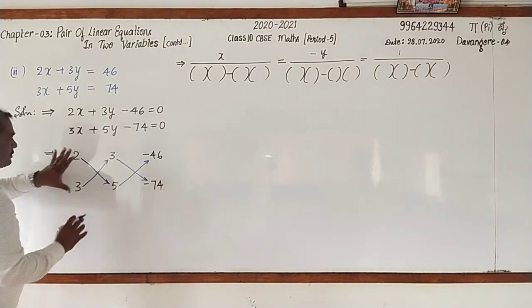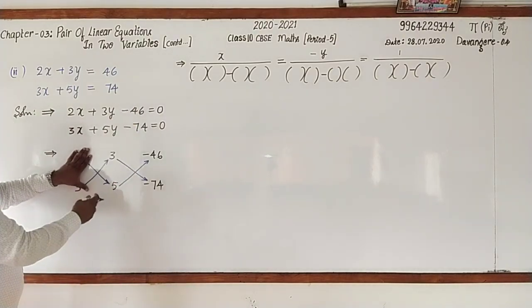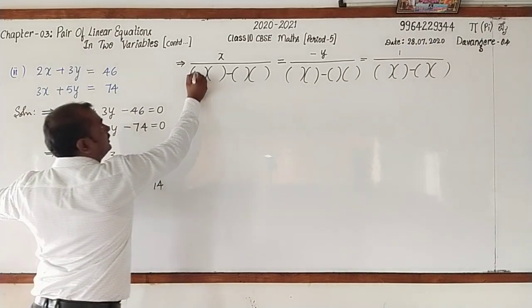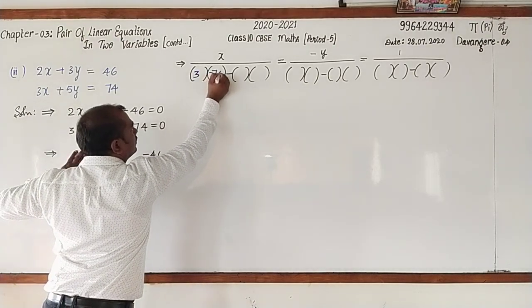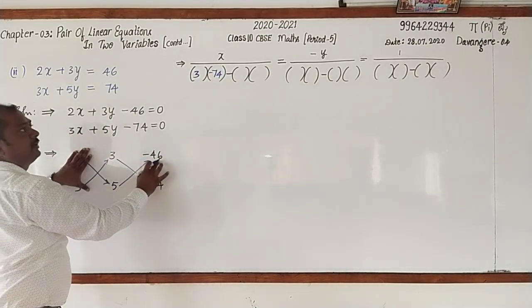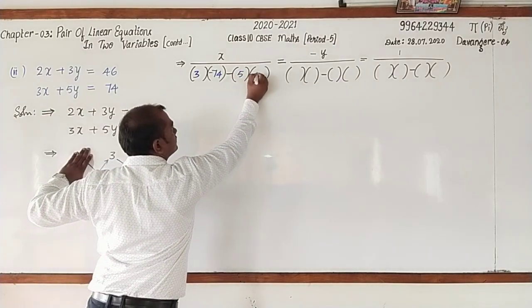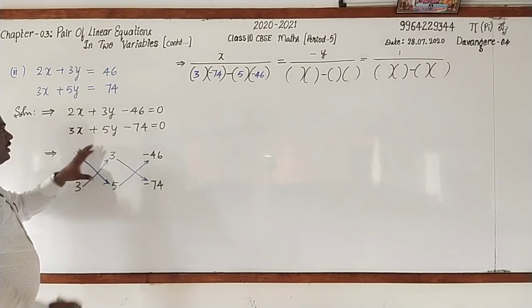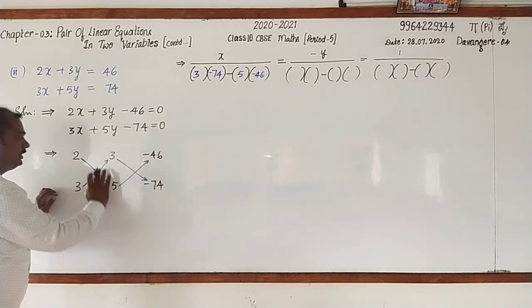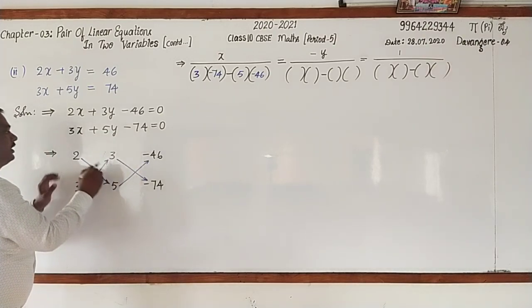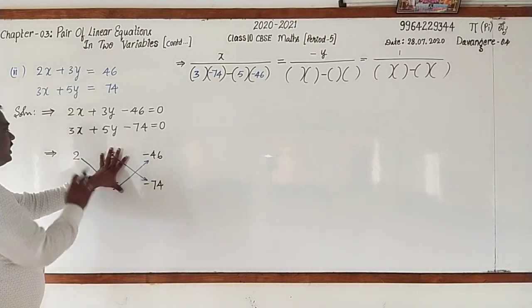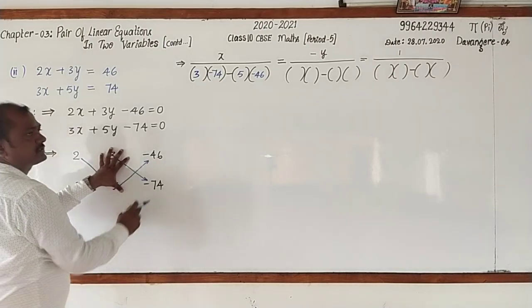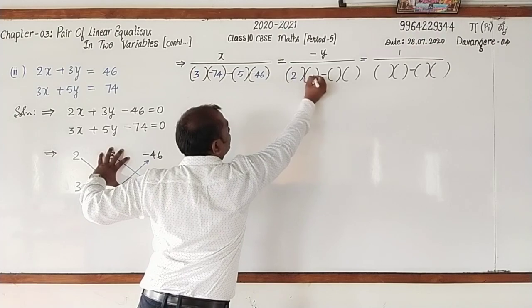Observe. With respect to x, leave these. Take the remaining 3, minus 74. Then 5, minus 46. Next, minus 1. With respect to y, leave these coefficients and take the remaining. Remaining are 2, minus 74.